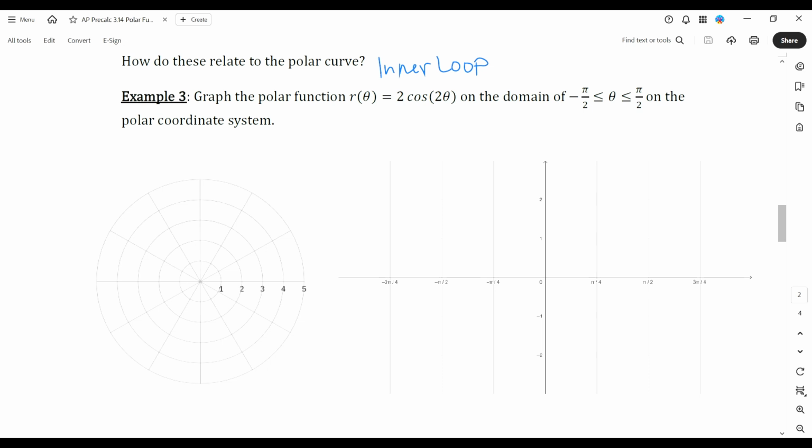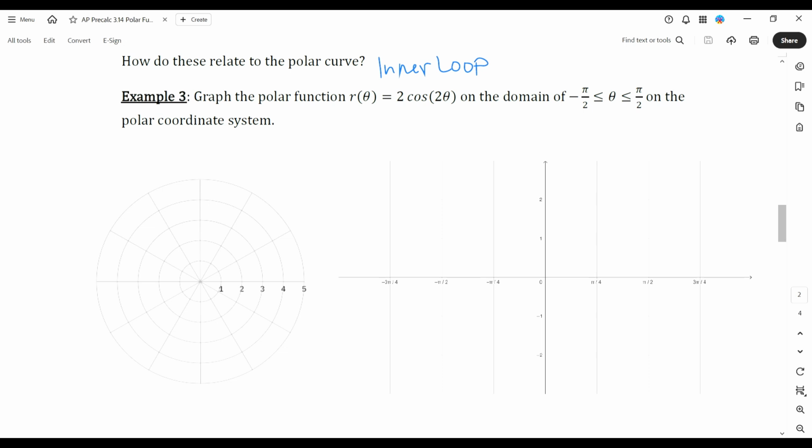So we're going to graph the polar function r of theta equals 2 cosine of 2 theta on the domain of negative pi over 2 to pi over 2 on the polar coordinate system. Sometimes graphing it in the xy plane is going to help us. It's equivalent to making a table.